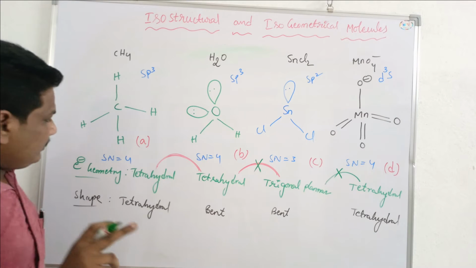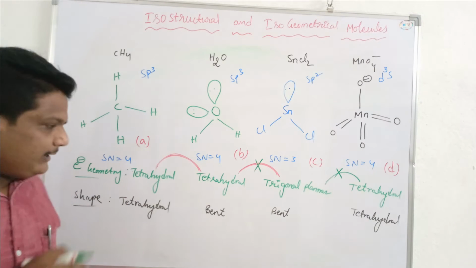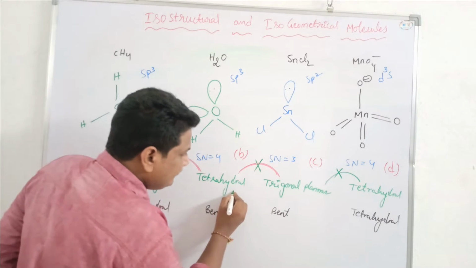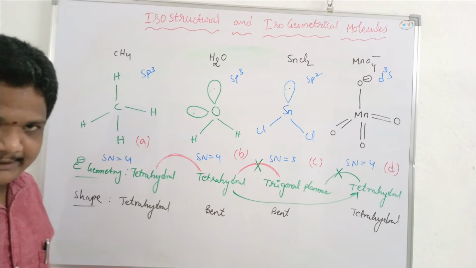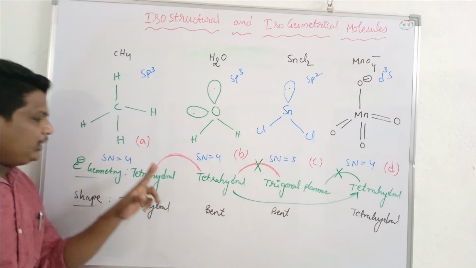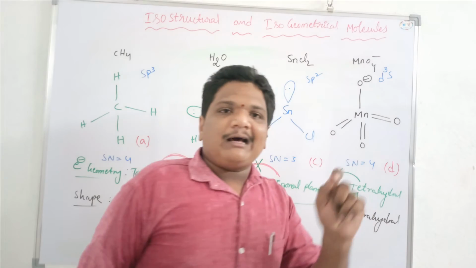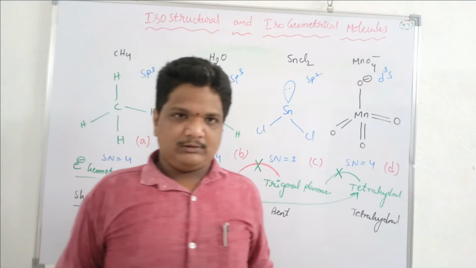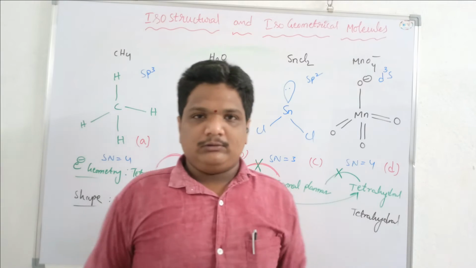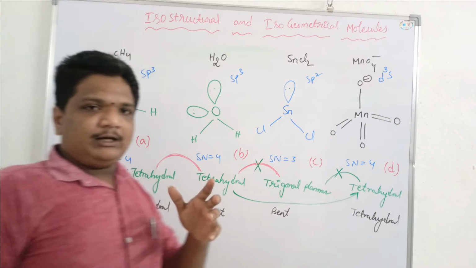A, B, and D have the same kind of electronic geometry. So that's why molecule A, molecule B, and molecule D are isogeometric molecules.